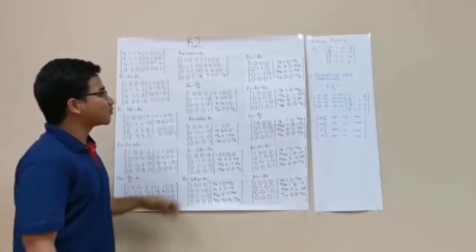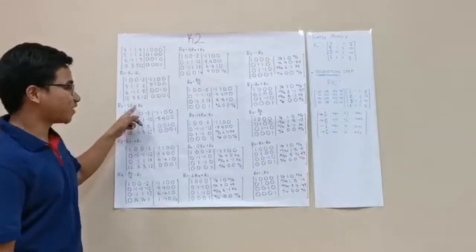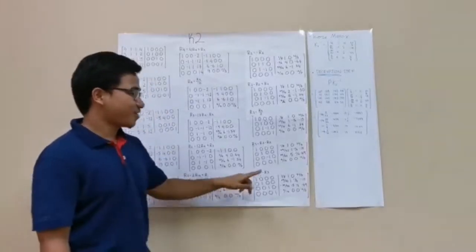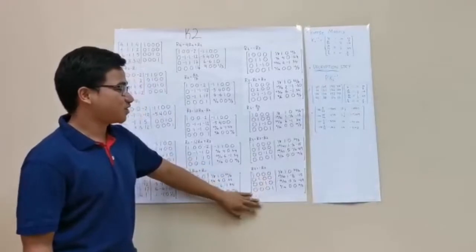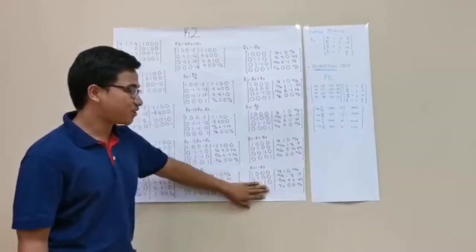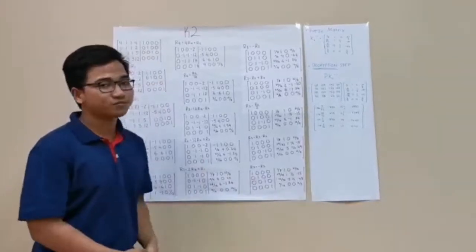Okay, so we continue by times and minus, and the answer will be like this, just like I told you. The left side must be identity, and the right side will be your inverse that you want to find out.